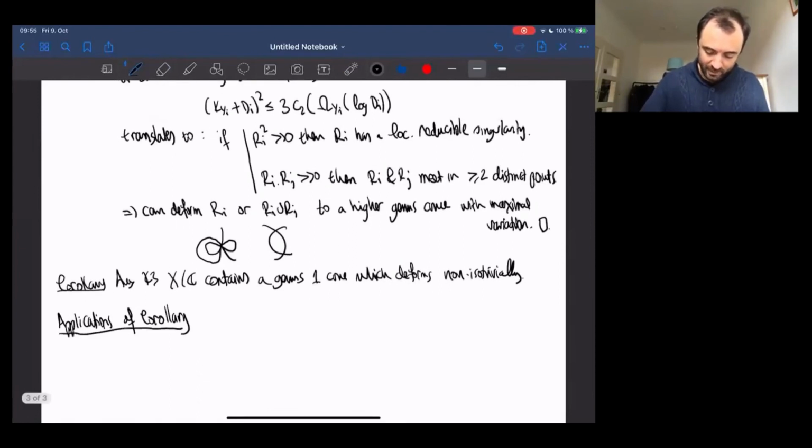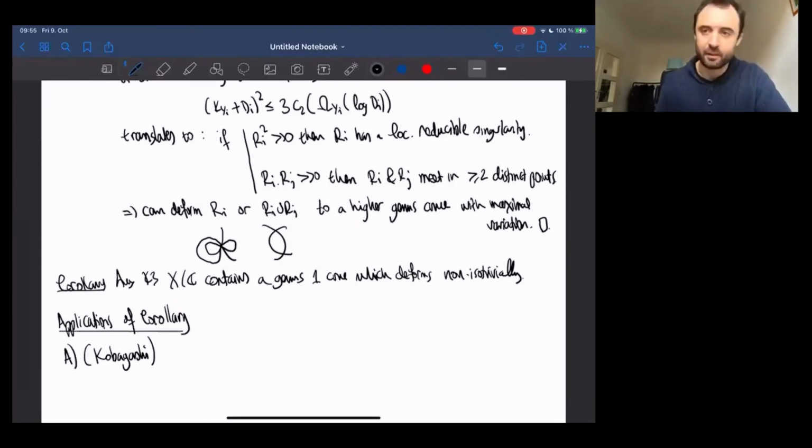The first application is a fact which was proven by Kobayashi, that basically says that K3s have no global symmetric differentials. But the proof of this given by Kobayashi was analytic in nature, and it uses the resolution of the Calabi conjecture by Yau, so it's really a deep result.